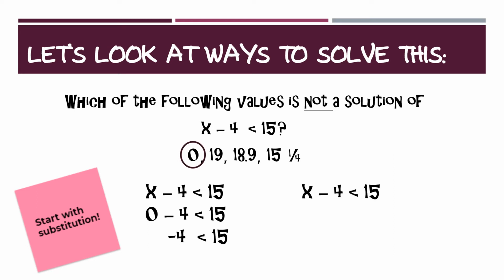Let's try another one. 18 and 9/10 minus 4 is less than 15. When I subtract, I get 14.9 or 14 and 9/10, which is less than 15. This also works as a solution for the problem.